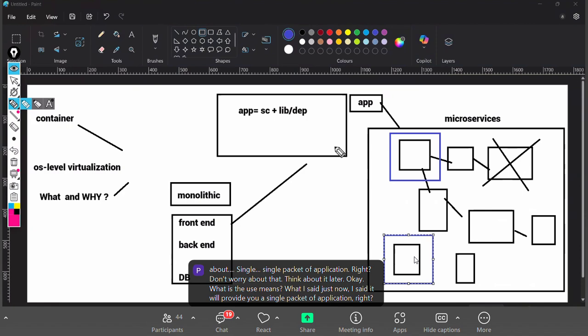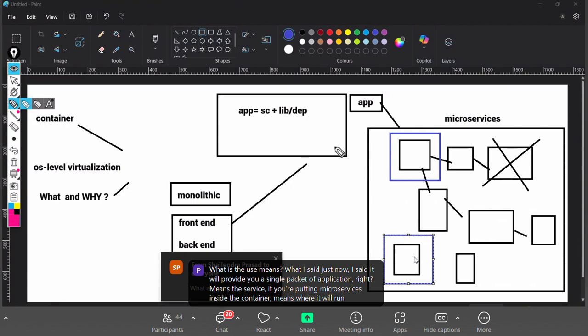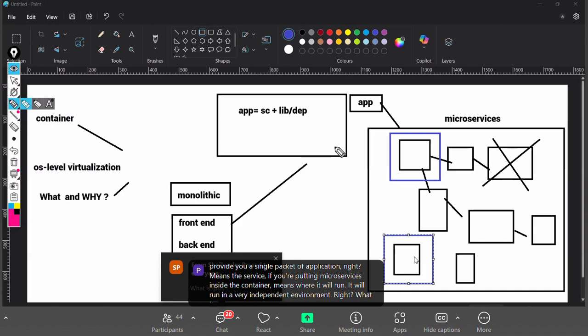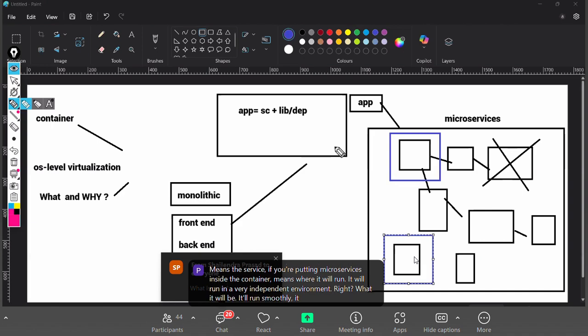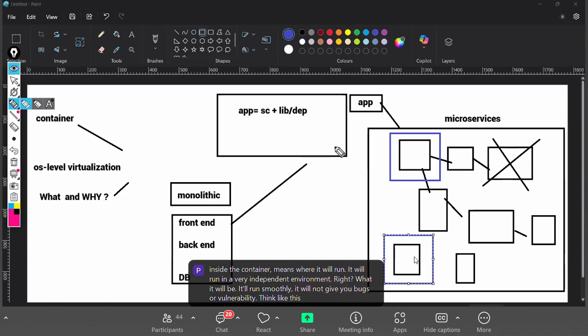If you put microservices inside the container, it will run in a very independent environment, right? It will run smoothly. It will not give you bugs or vulnerabilities. Think like this: a very independent environment, no problem, because these microservices will not be attached with each other. It will not give you tension. Of course, it will run very smoothly.